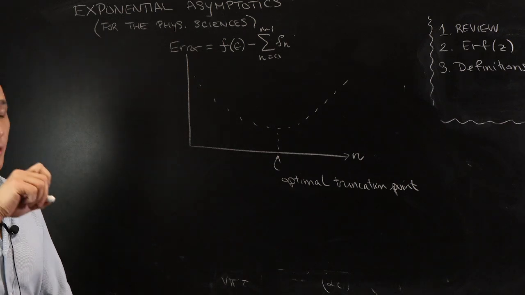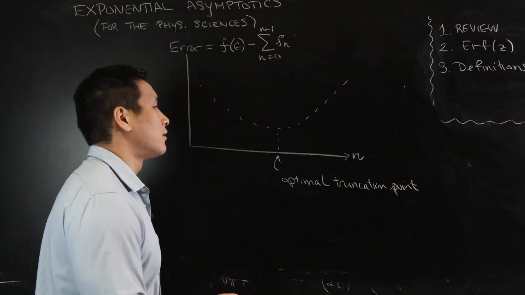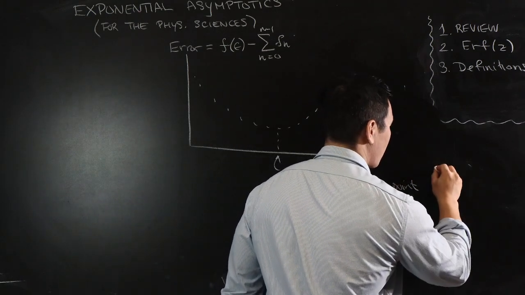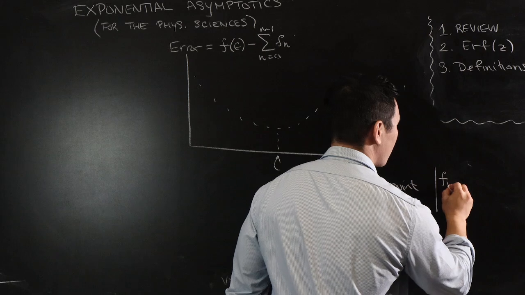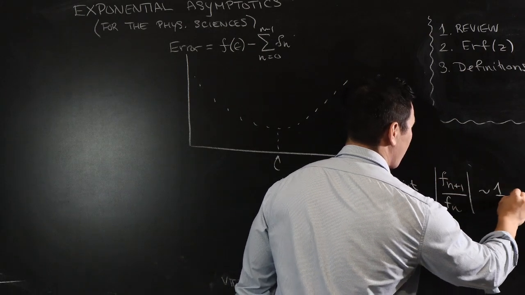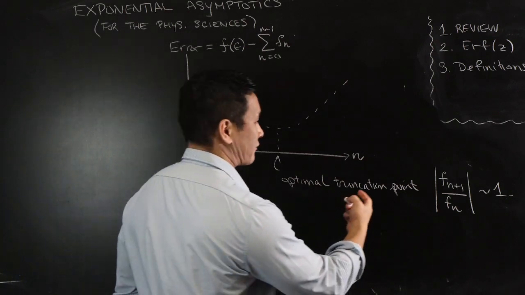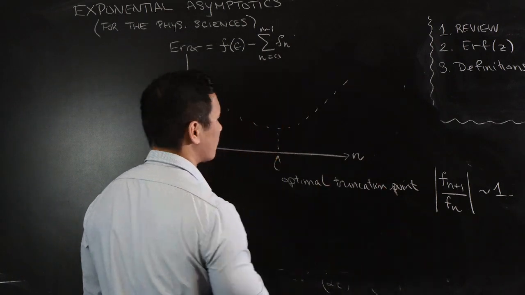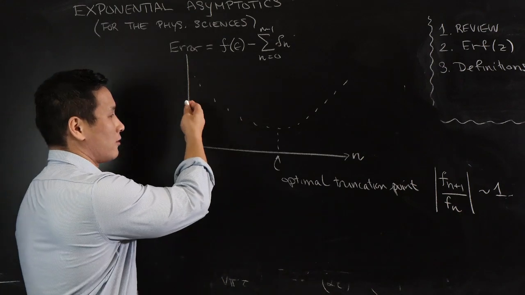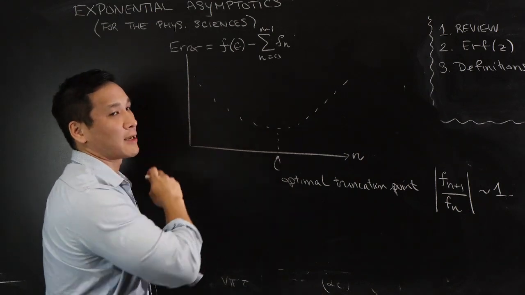And heuristically, at least for now, but we will justify this a bit more in detail, this optimal truncation point is roughly where the magnitudes of adjacent terms are equal in the asymptotic approximation. So there is a heuristic of developing this point, and you would think that this point pragmatically is telling you that that's the point where you should truncate the approximation because you're going to get the best error right before it explodes afterwards.